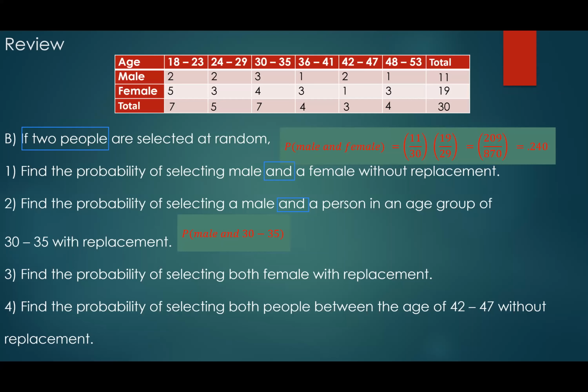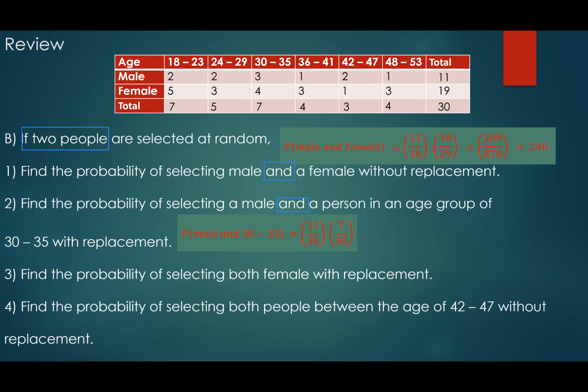Because I put him back, do you agree that the probability of male is 11 over 30? I record his name, I put him back, and because I put him back, everybody see I have the original 30 people back.